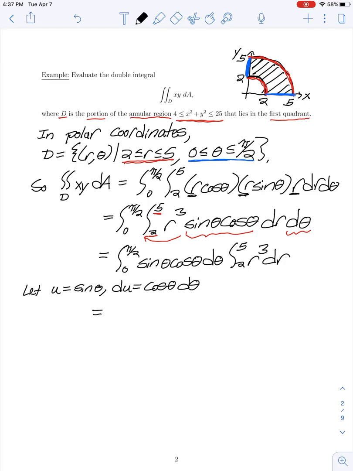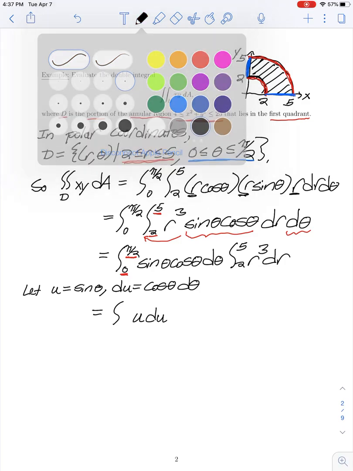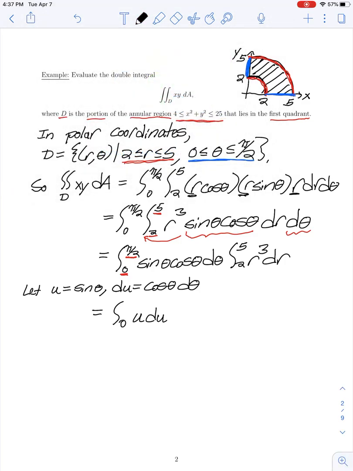So here our first integral, if we rewrite in terms of u, would be the integral of u du. And if we change our limits of integration to u values, well, when theta is equal to 0, u is sine of 0, or 0.